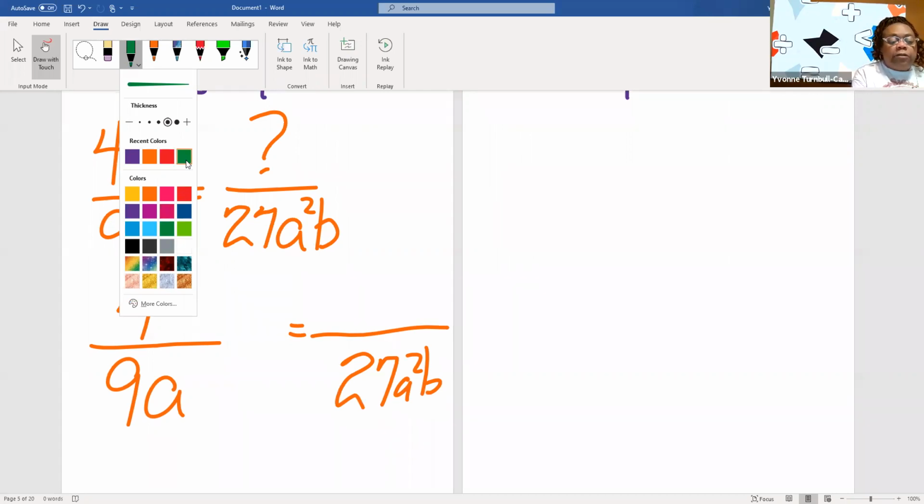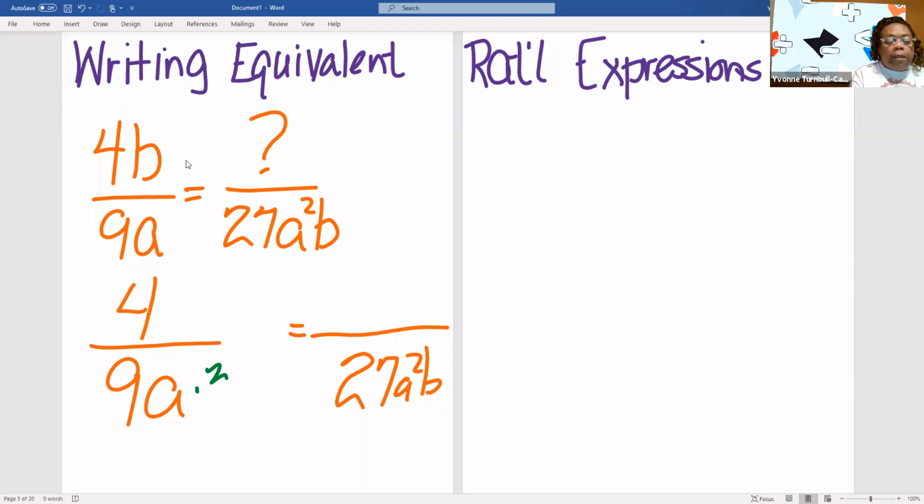Of course, 3. I'm trying to get from a to a squared. Here again, the product rule comes into play. If we multiply a times a, we're going to get a squared because we add exponents. Now, we need a b over here, but there's no b here, so we do need to put a b here so we can make sure that we're getting there.